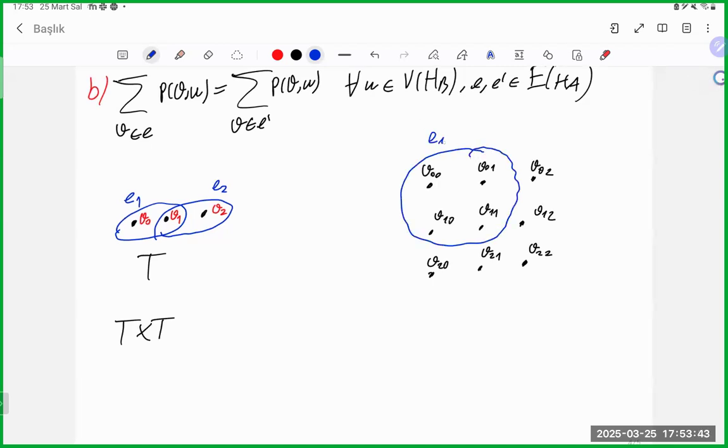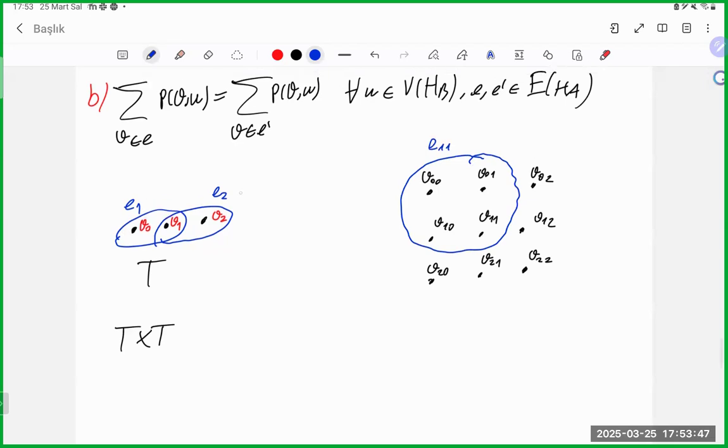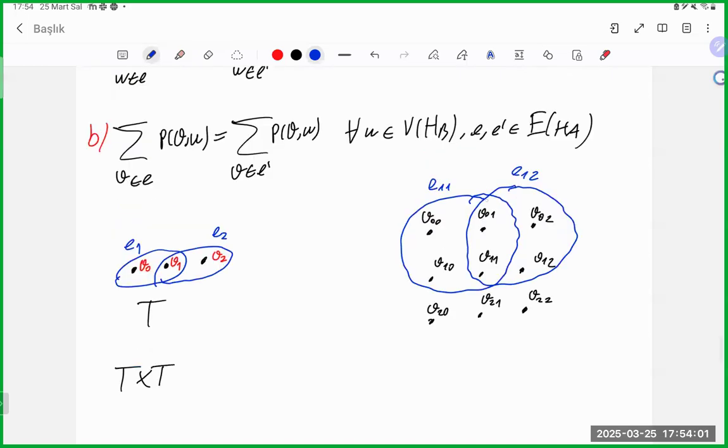So we can label it like that. And E1 cross E2 must be those, because it means that the first party is measuring the E1 edge. So we labeled the first label as the first party's outcomes.